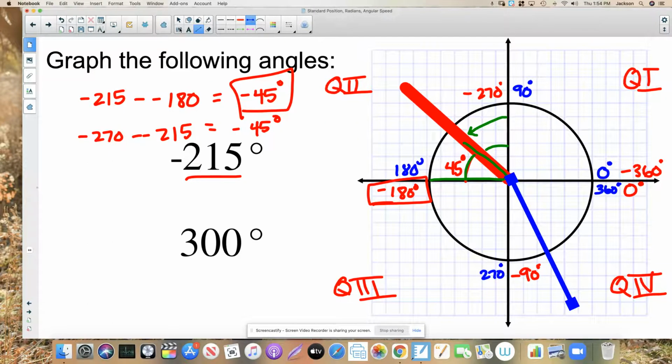And again, if you want to know how far away it is, and this is again when we're talking reference angles, find the angle that is on the x-axis. In this case, the closest angle on the x-axis to 300 is 360. Subtract 300 and you'd get 60 degrees, which means that this angle is 60 degrees away from 360.